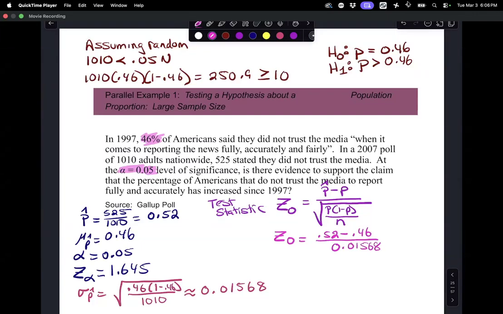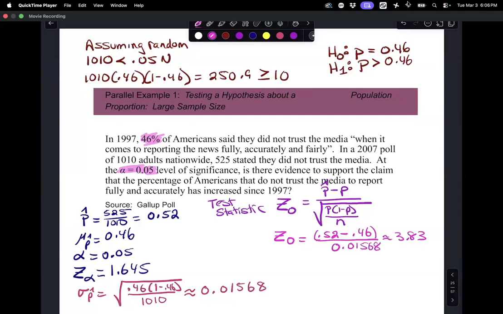Remember, if you put this whole thing in the calculator, you want to put parentheses around your numerator. It's approximately 3.83. Wow, that is huge. That is a huge test statistic.